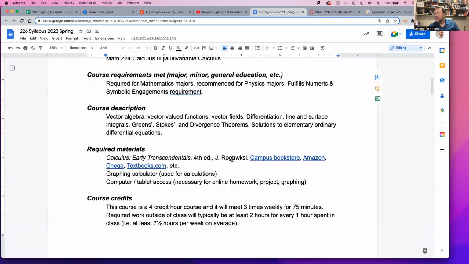Course requirements met. Okay, this is boring stuff that you don't really need to know so much. But this is a course that is required for math majors, either directly or indirectly, and it is something that gets recommended for physics majors. It's indirectly required for physics majors.